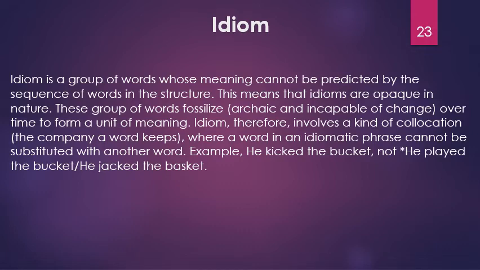That is what we mean by an idiom. Because for you to understand the meaning of an idiom, you must know the meaning already. But if it is only the individual words that make it up, then you hardly understand what the idiom stands to represent.